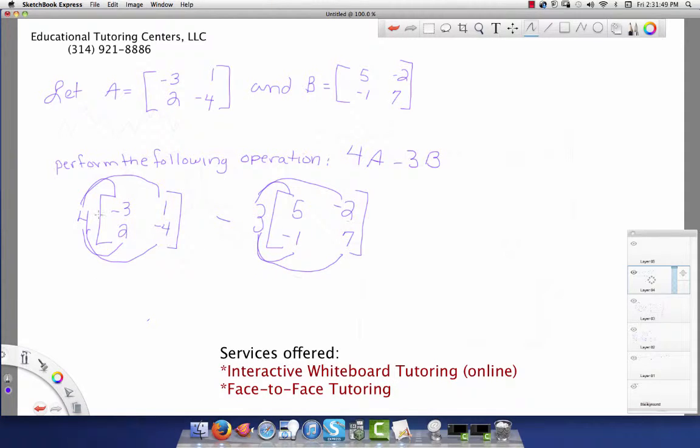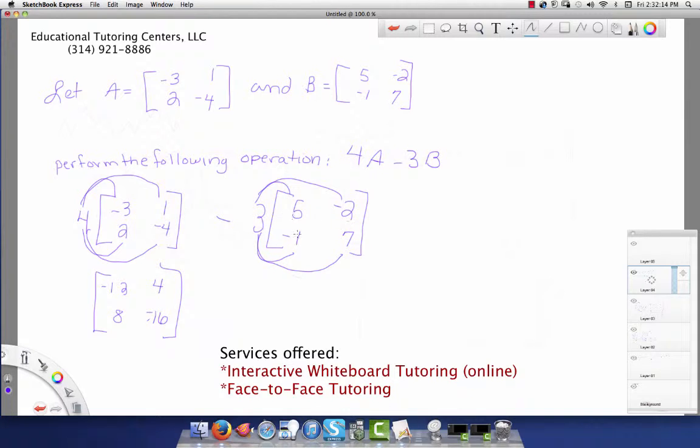So 4 times 3, this answer matrix is going to be negative 12, 4, 8, and negative 16. All I did was multiply this 4 as a coefficient to each of these places.